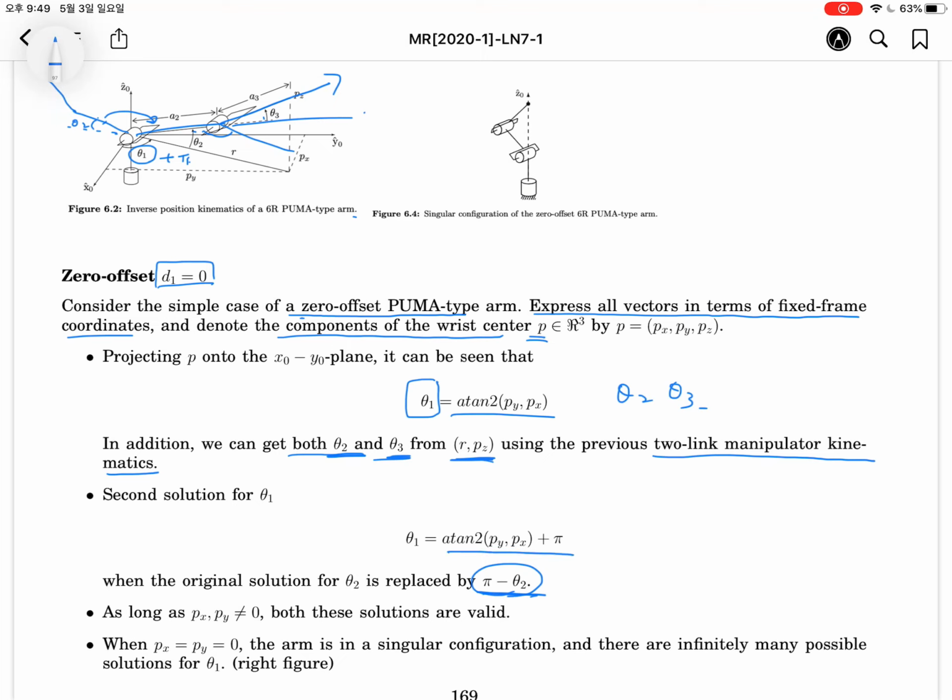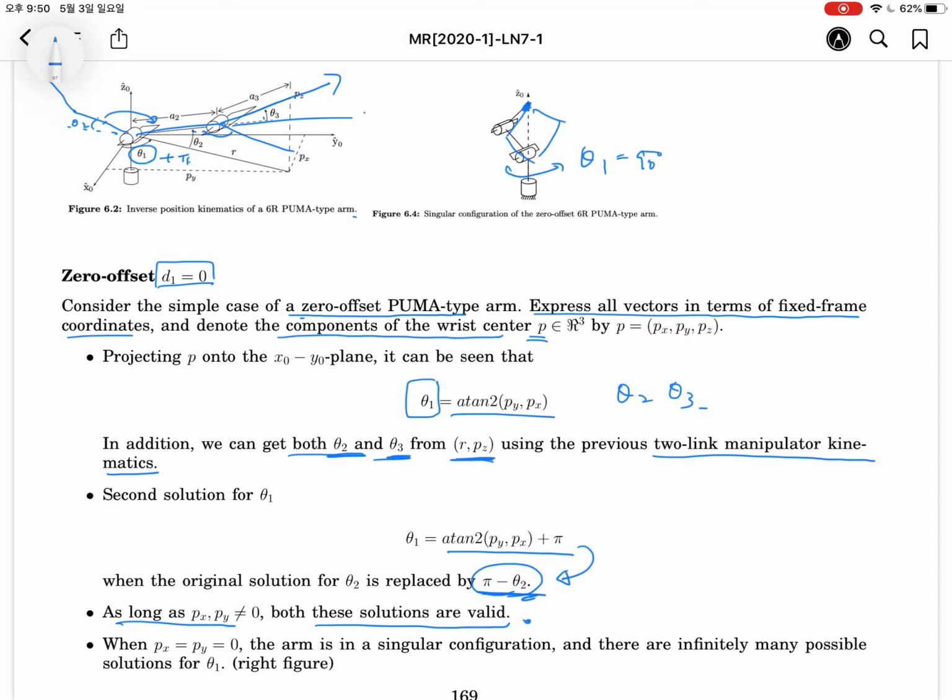So theta 1 will be arctan 2 of py and px, plus pi. And then if you apply theta 2 as pi minus theta 2, then we have the same computation. Okay? As long as px and py are non-zero, these two solutions will be valid. On the other hand, if you have zero px and zero py, in that case, there are many theta 1.